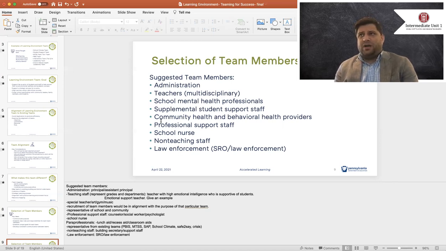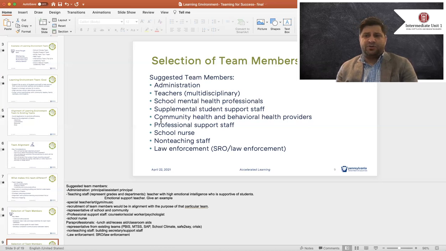So maybe your school district is limited and doesn't necessarily have a social worker or psychologist on staff, but maybe you do contract out with somebody within your community to provide those services as needed. You might want to include them on the team. Professional support staff. Your school nurses.